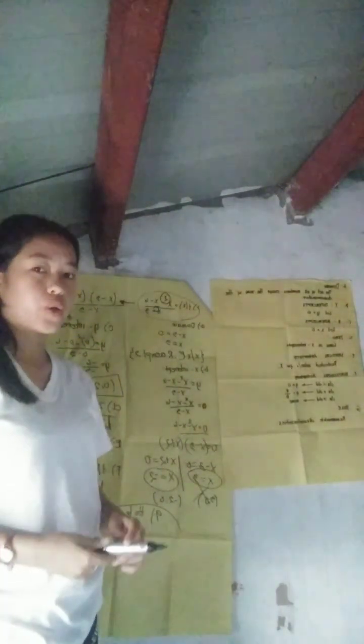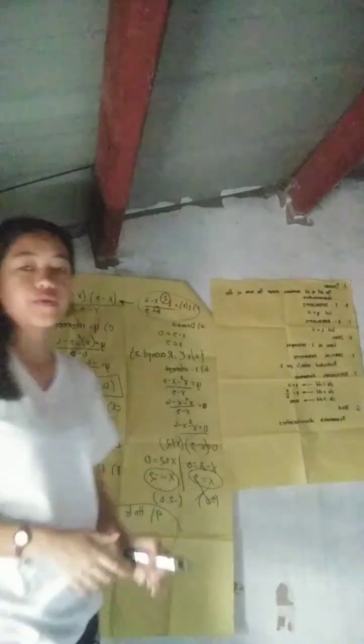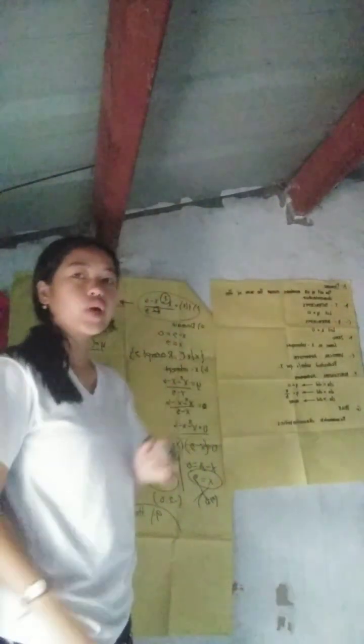Let's proceed to the hole. A hole is a removable discontinuity. It is a value of the input that makes both the numerator and denominator zero.